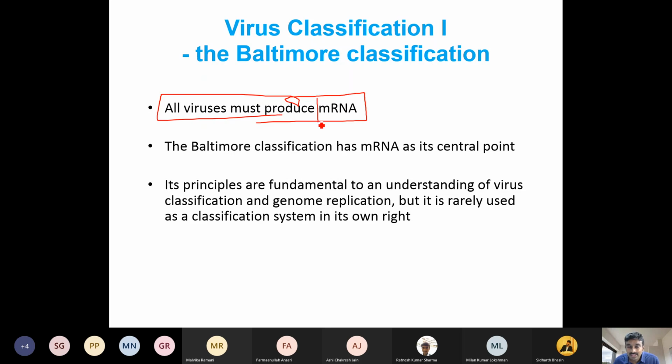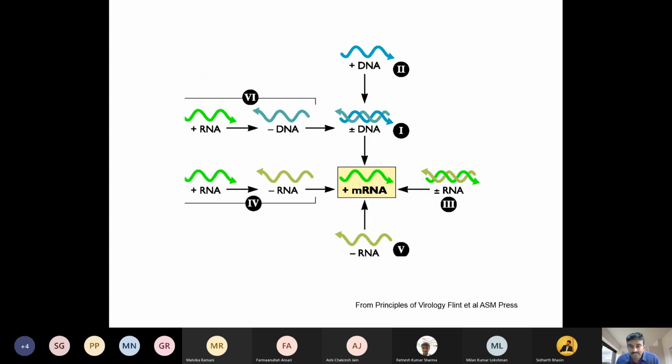Whatever kind of virus it is in terms of the genetic material, they all converge at one point: all viruses make their own mRNA. If you think about it, it looks like, of course I know it, but you have to think about it more carefully. Then a lot of things fall into place. That's what he did. So this is the central or focal point on which Baltimore classification was based.